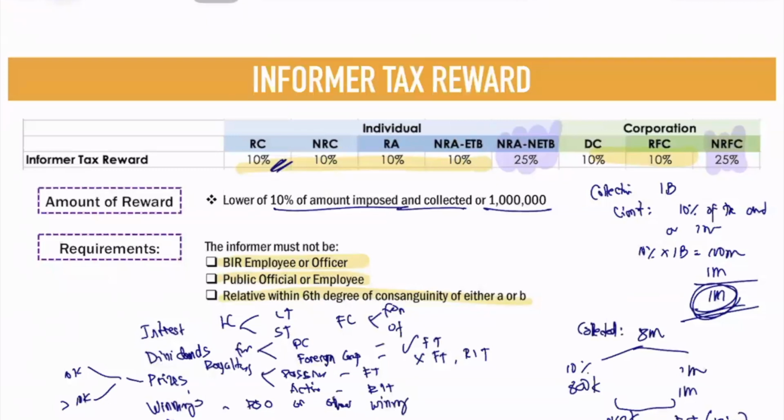For informer tax reward, always subject this to 10% final tax, but determine, of course, if the informer is entitled to get the reward or not. If no reward, then no final tax. If there is a reward, then there is final tax. So that's it for this session on passive income.